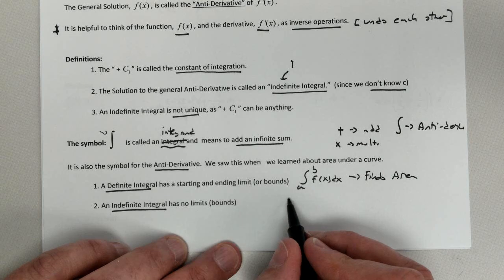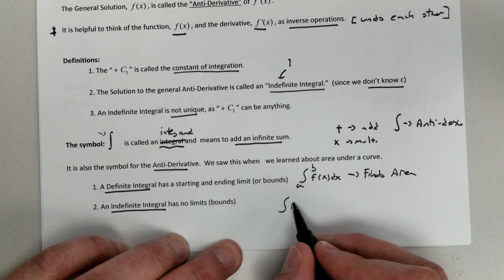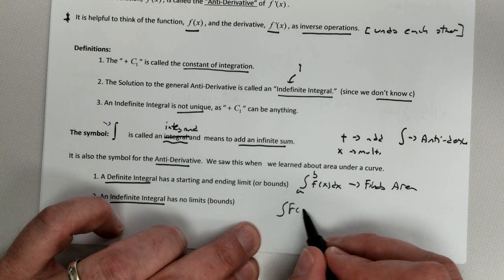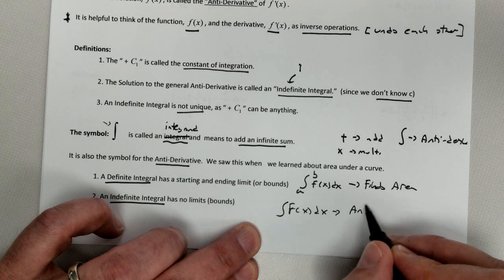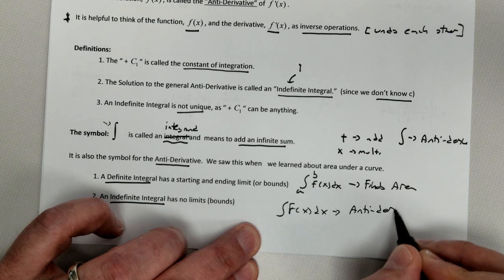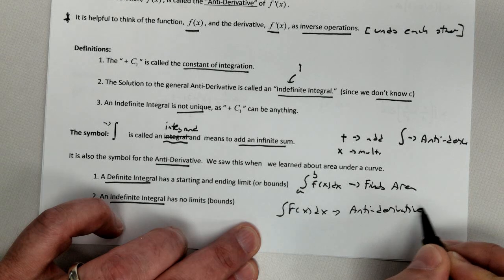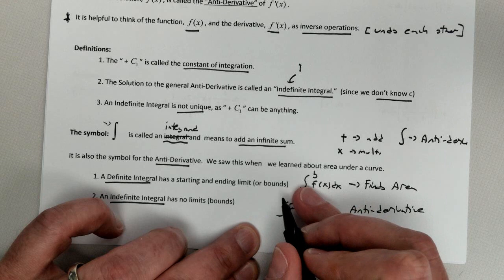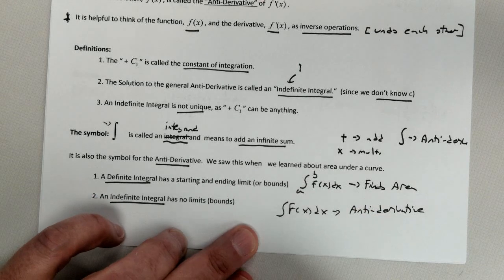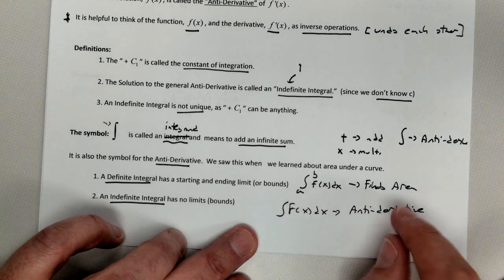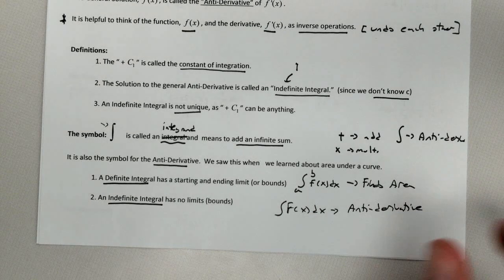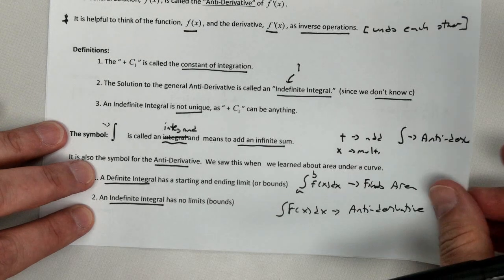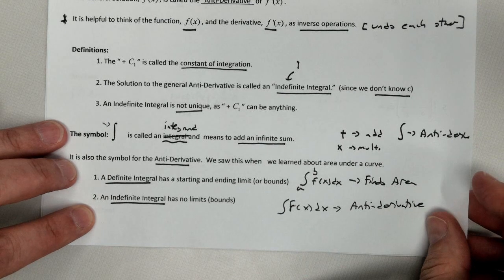An indefinite integral has no bounds or limit. This is just what we call the antiderivative. There is a relationship between them. The antiderivative, if we know the bounds, lets us find the actual area under a curve. And we're going to talk about that in a few days. But I know what you guys want to get to right now. You want to get to a wonderful example here.